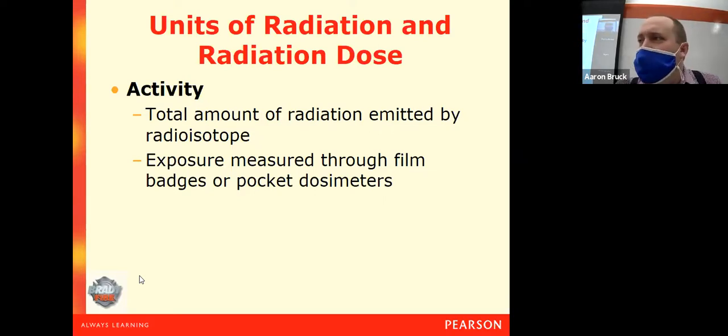Activity is relatively simple to understand. It's the amount of radiation that is being emitted by a radioisotope. And we can measure our exposure to this radioactive material through a couple of things. One of them is called a film badge. The other one's called a pocket dosimeter.